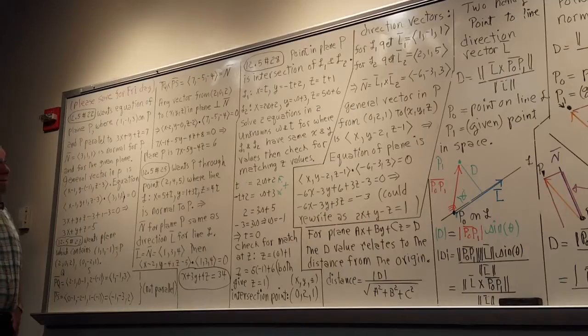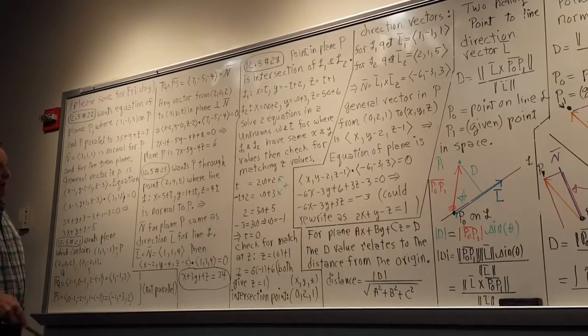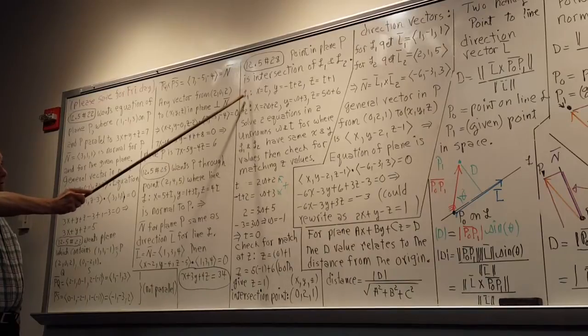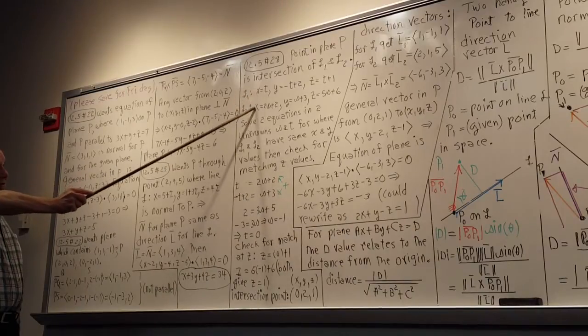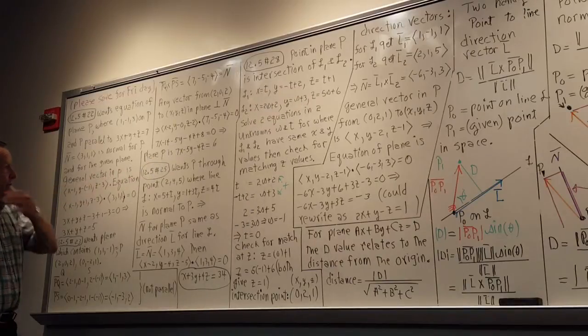And so using different letters for the parameters, you can say, well, where they cross, the x's are equal, the y's, and of course the z's.